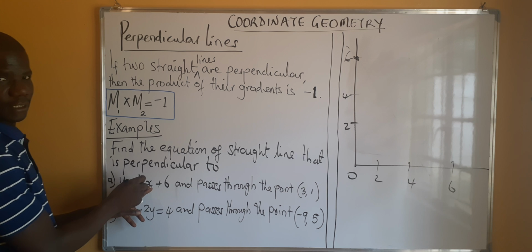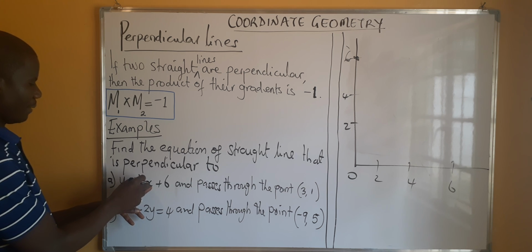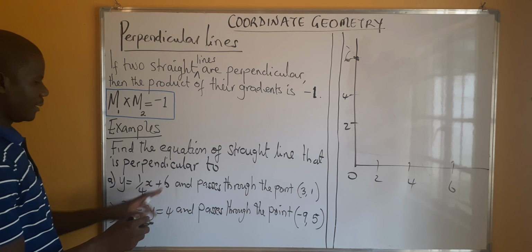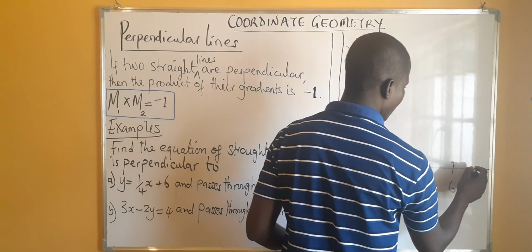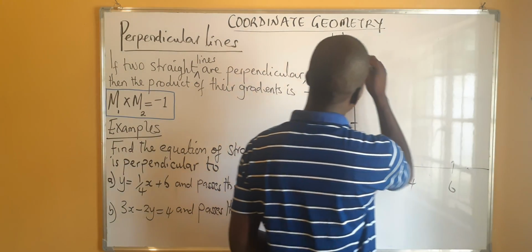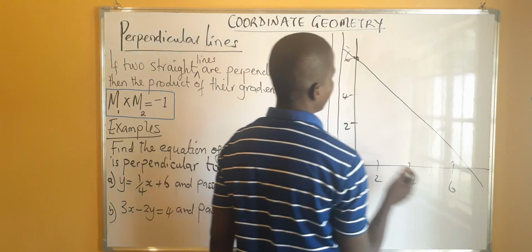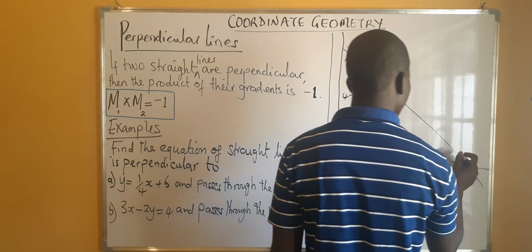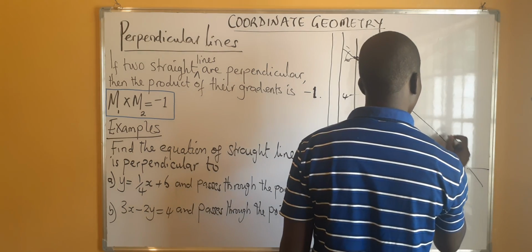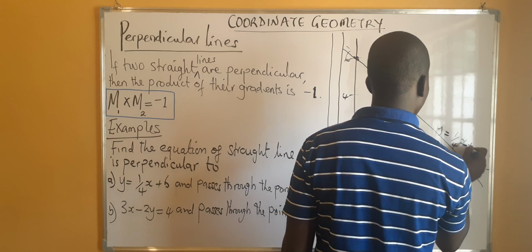When x is equal to 4, this is going to be 1 plus 6, which is 7. So meaning we're going to have 7 somewhere here. So the line is going to come this way, something like that. This is our y = (1/4)x + 6.